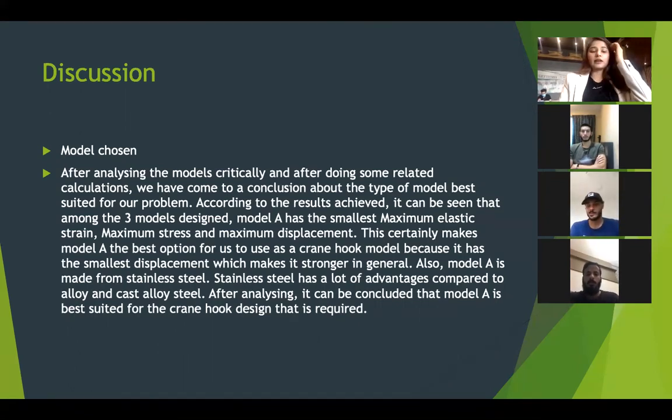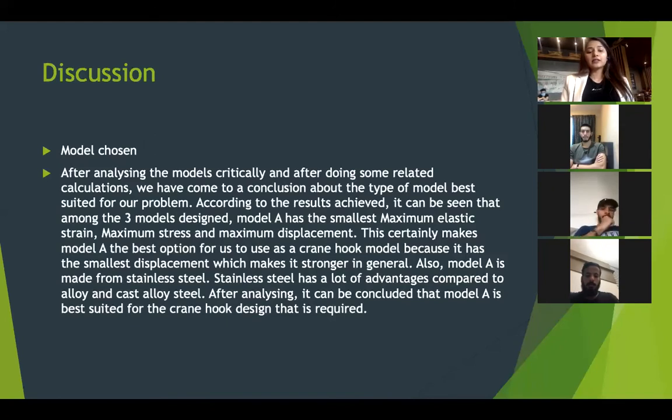Another thing about model A is its weight. It's 900 grams, so this is a good point as well. And it is made from stainless steel. Coming back to our problem, the crane works outside in outside conditions, so I think stainless steel is good because it will protect it against rust.